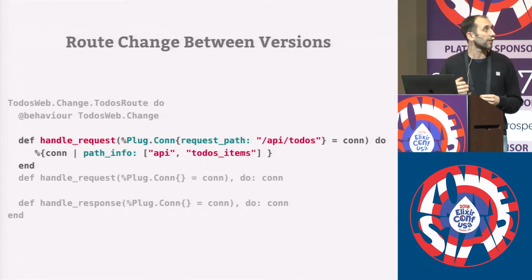And we can change the path info attribute of the connection. And this is what we're using internally for the request routing. So the user makes a request to the old path, and internally we will reroute that to the new endpoint. It's pretty simple. And because we're using pattern matching, if the new URL is used, it doesn't hit this. But also, this change is only going to be applied to older versions. So new requests don't even go through this.